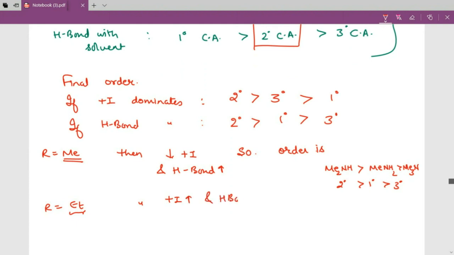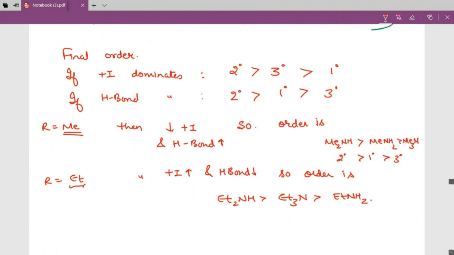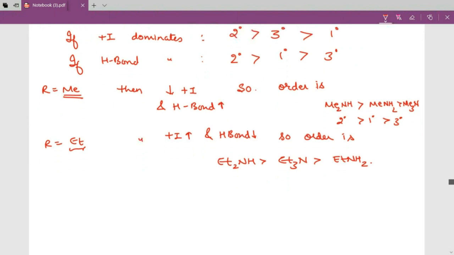So the order is Et2NH, then Et3N, and then EtNH2.